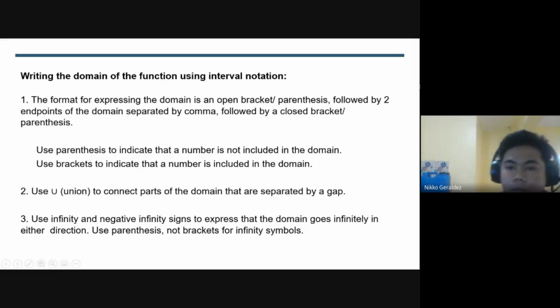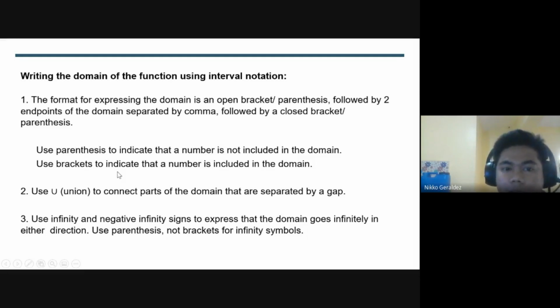So we have 3 rules in interval notation. Number 1, the format for expressing the domain is an open bracket or parentheses followed by 2 endpoints of the domain separated by comma followed by a closed bracket or parentheses. So use parentheses to indicate that a number is not included in the domain. Kung hindi kasali sa domain, we will use parentheses.